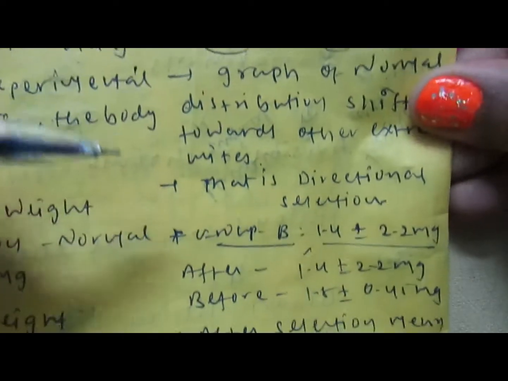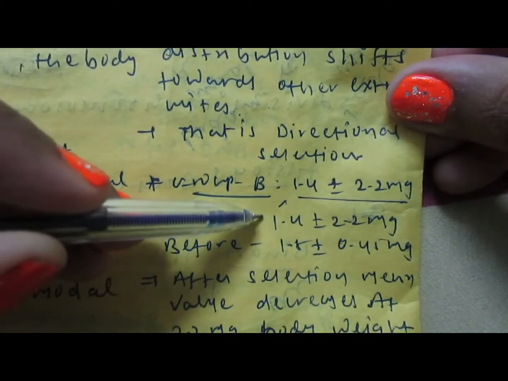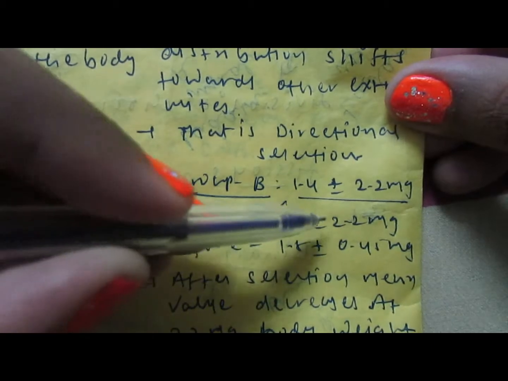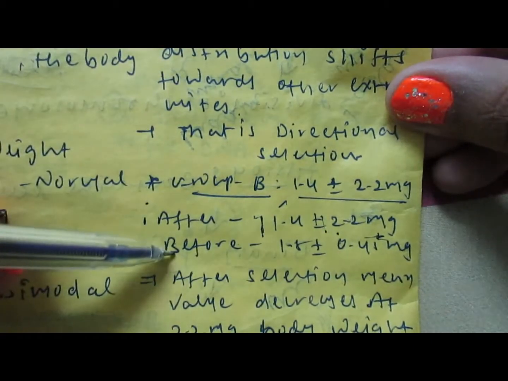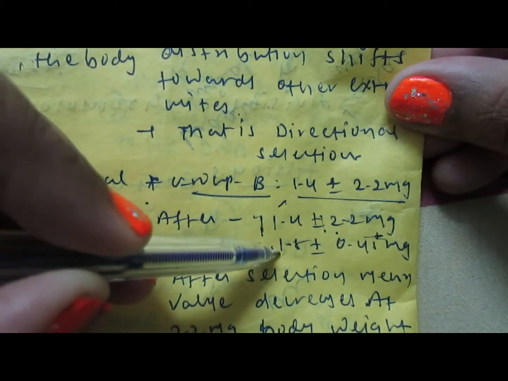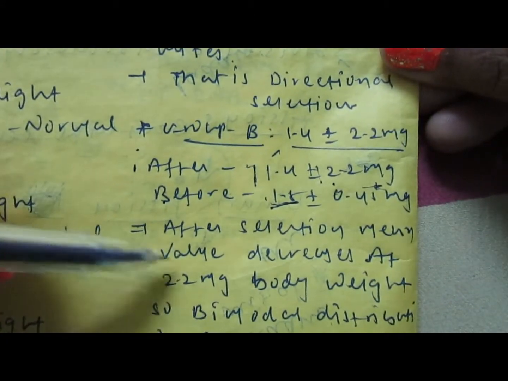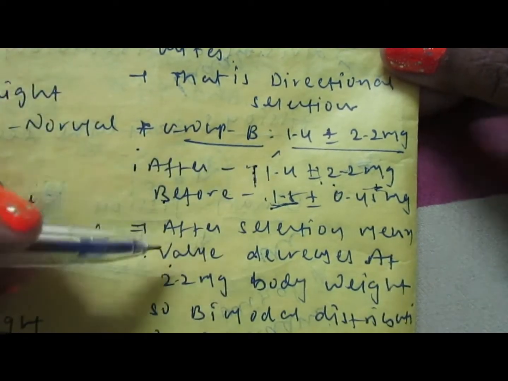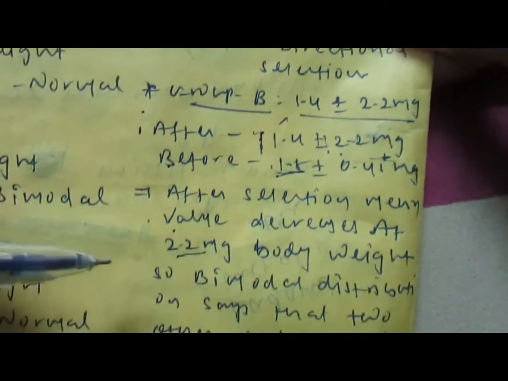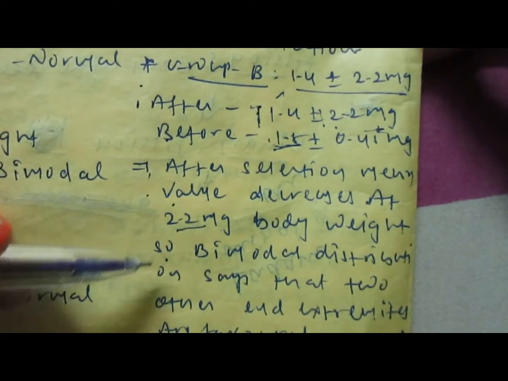Okay, and whereas in group B, after selection pressure, mean value is 1.4 and 2.2 milligram body weight is favored, whereas before selection pressure, mean value was 1.8. So after selection pressure, mean value decreases, and 2.2 milligram body weight fruit fly is favored, and that is bimodal distribution.